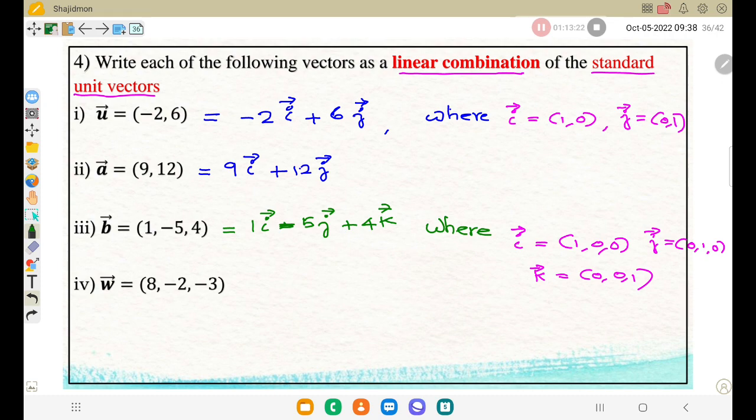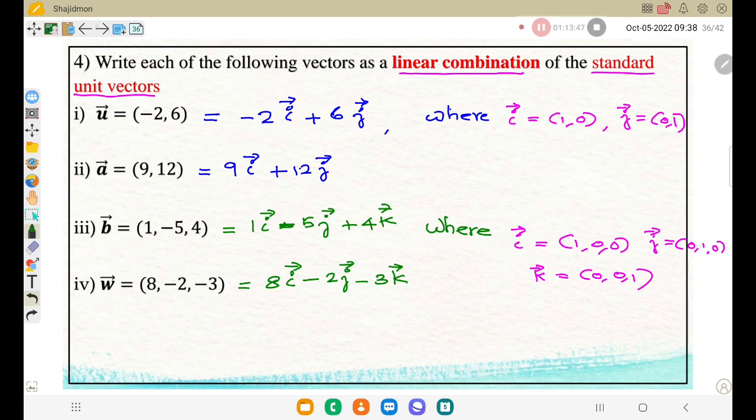Okay, we need to mention that one. Now the third one, the last one: 8 multiplied by i plus minus 2 multiplied by j minus 3 times vector k. So this is the vector representation in standard unit vectors. I hope you understood this one.